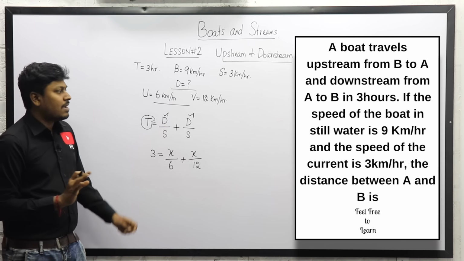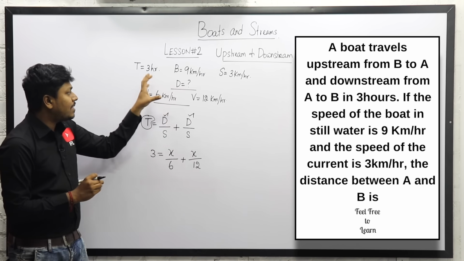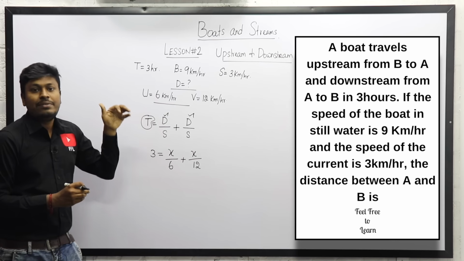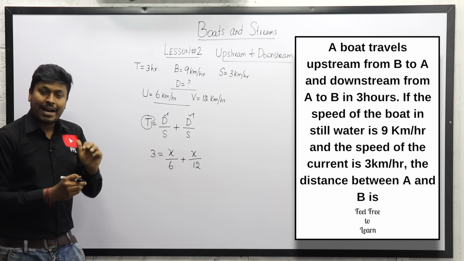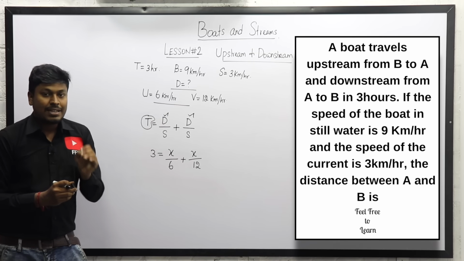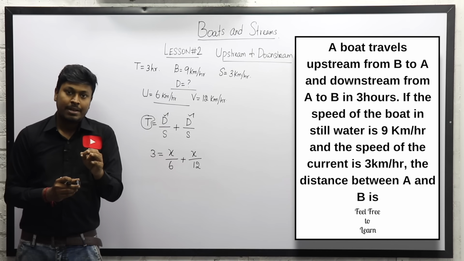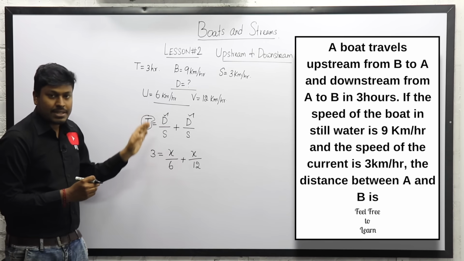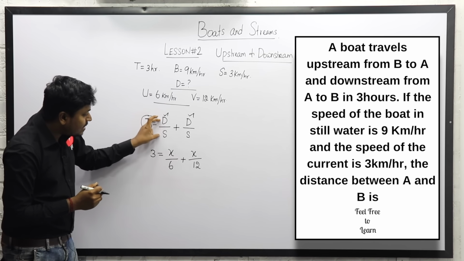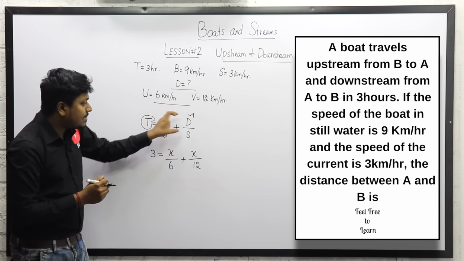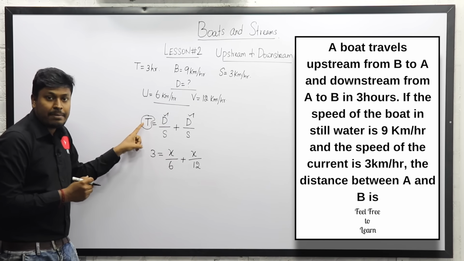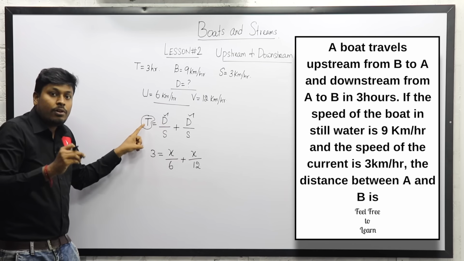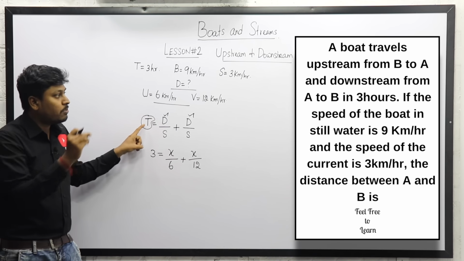Got it? Simple techniques. First we wrote all the values that are given in the question. After that we found the upstream value and the downstream value. After that we know the basic formula, that speed is equal to distance by time. So by taking time is equal to distance by speed, the first term is for upstream plus the second term is for downstream, because the time given is the same. The 3 hours is completely for both upstream and downstream where the boat travels, right?